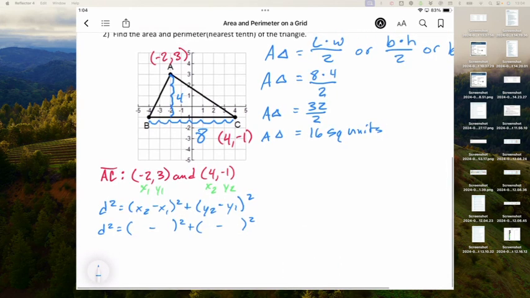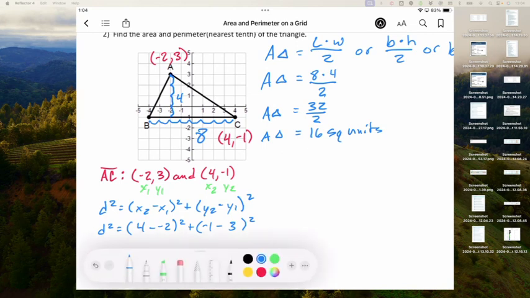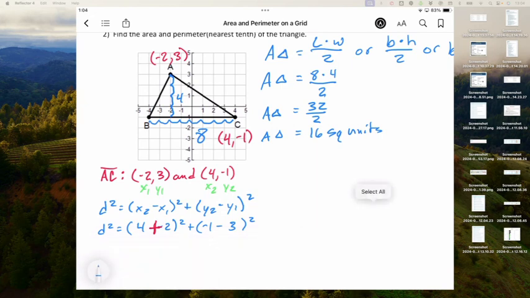And so x2 minus x1 is going to be 4 minus negative 2. y2 minus y1 is going to be negative 1 minus 3. And again, I've spoken to you in class about this whole double negative thing behind the 4. 2 negatives sitting next to each other like that does in fact make a positive, and so if you want to just do this at this point, that is helpful. It saves you having to write another line and saves you some room on the page.